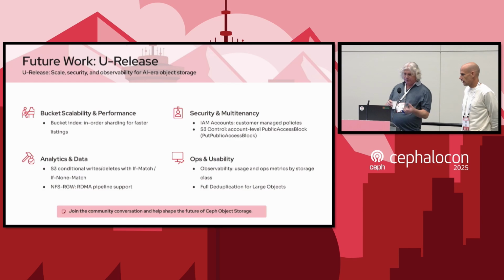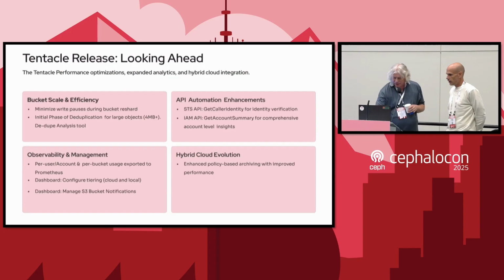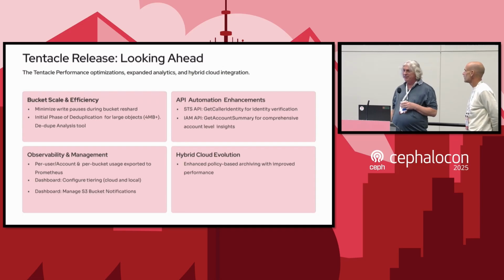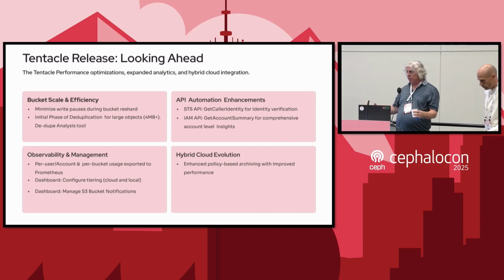We talked about bucket index resharding. I was skipping ahead. What we implemented in Tentacle was non-pausing reshard. It's actually a contribution from upstream, and it has a log-based update strategy where, during resharding, a log of the incoming ingest and changes is kept, and then that transaction log is run after the reshard completes.